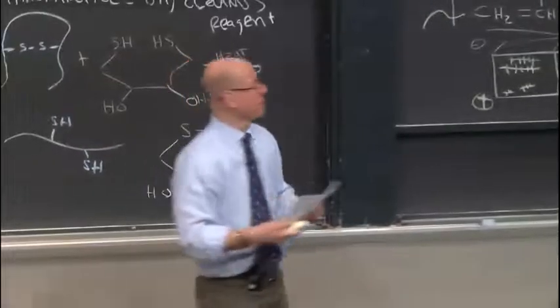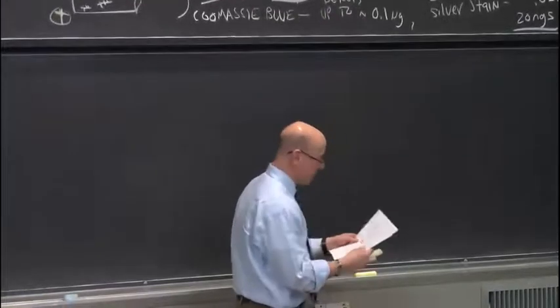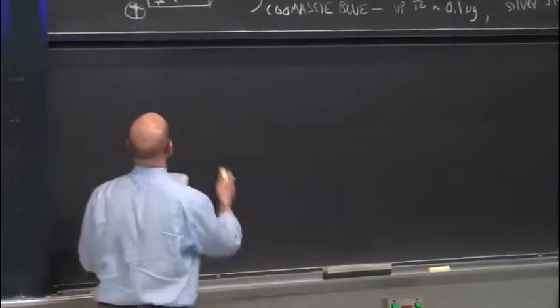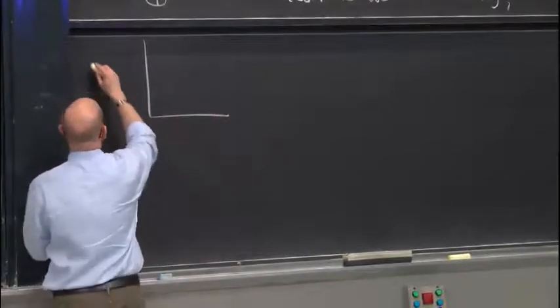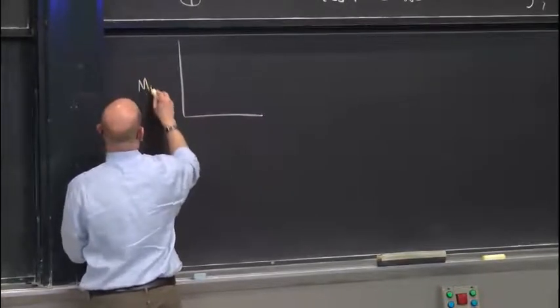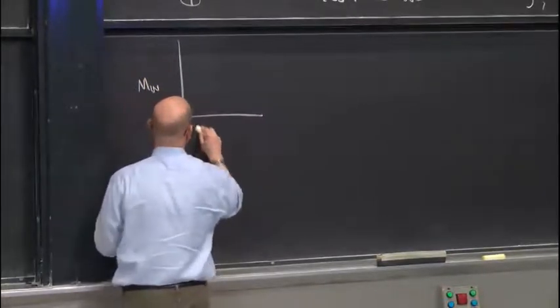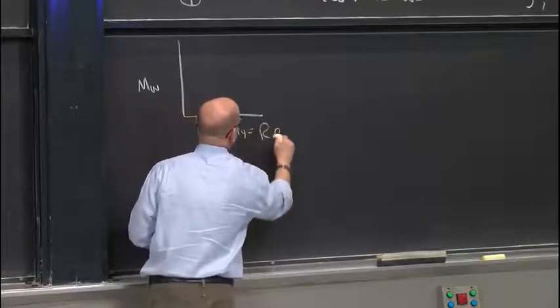One last point I want to make before we're done with SDS PAGE gel and can move on to other things is how I can estimate molecular weight. If I plot the molecular weight, and here I'm going to plot the mobility, or RF.